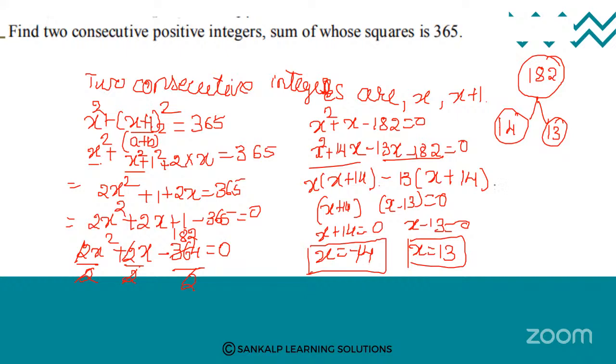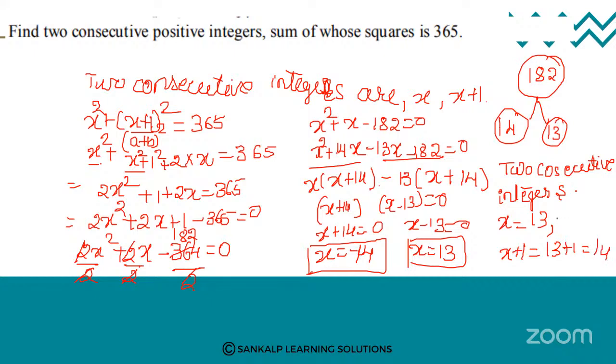They have asked for two consecutive integers, that is x and x plus 1. We are considering only positive values, so x is equal to 13. Next one is x plus 1, 13 plus 1, that is equal to 14. So these are the two integers. This question can be asked for 2 marks or 3 marks.